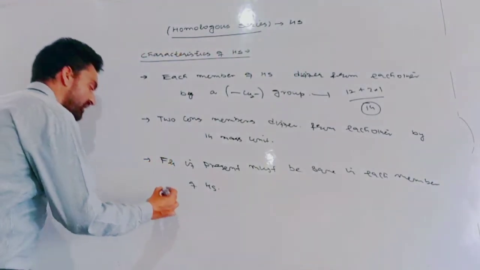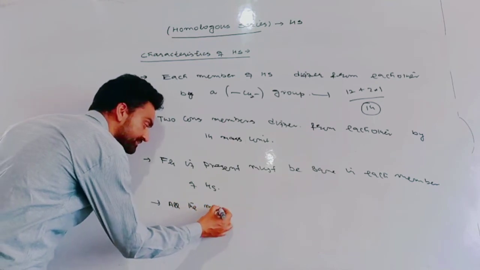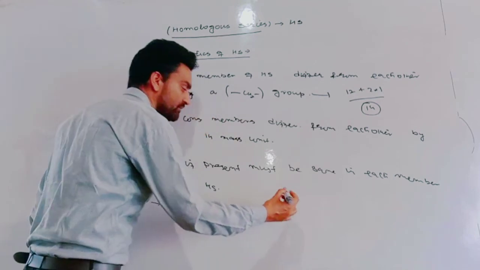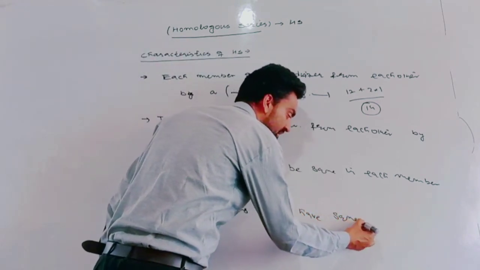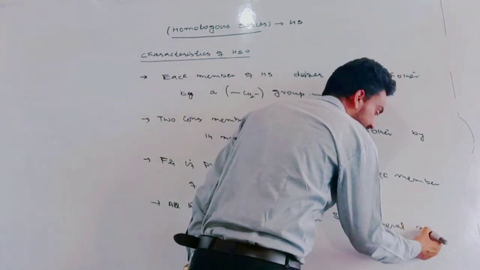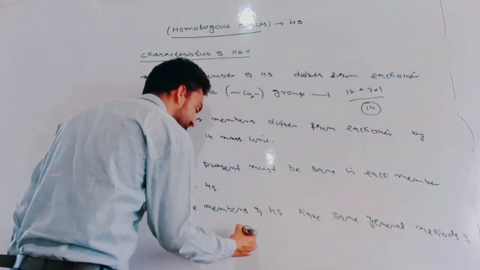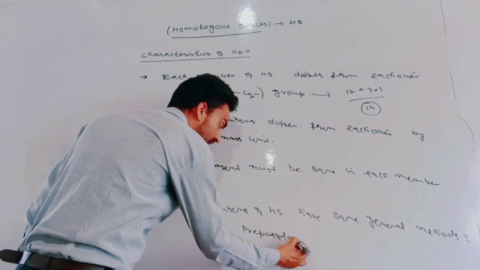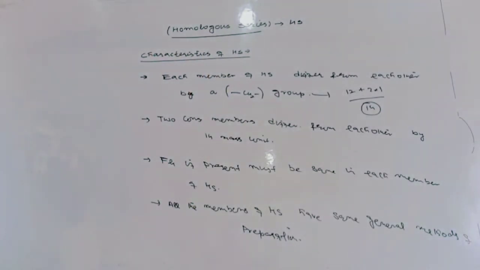Next is, all the members of homologous series have same or similar general methods of preparation.